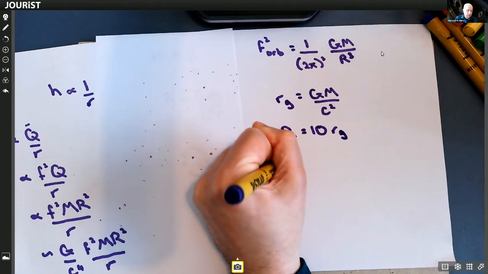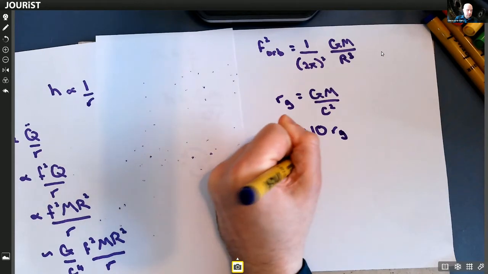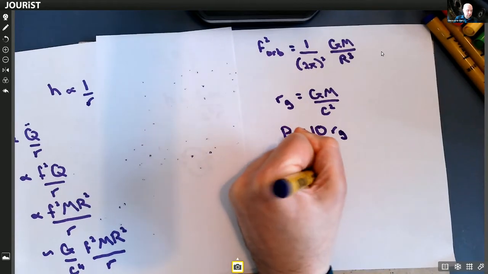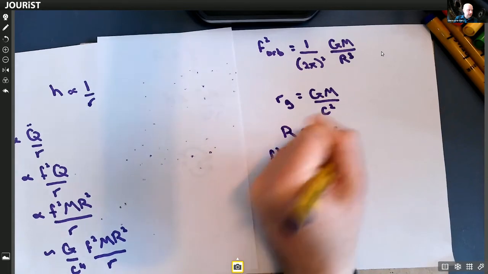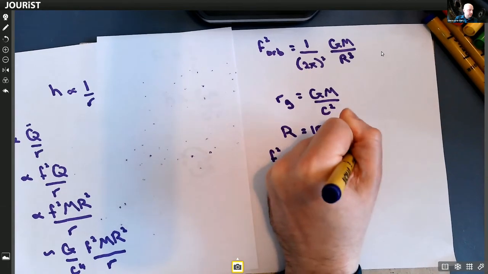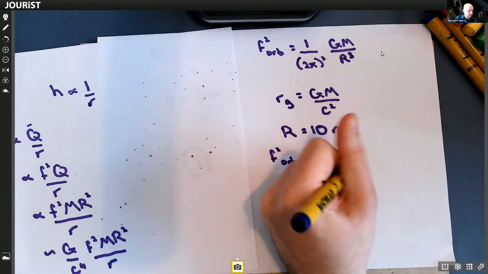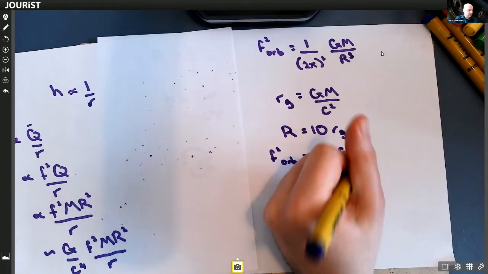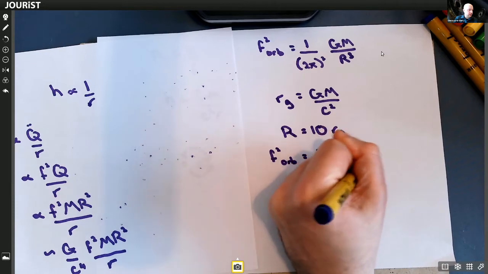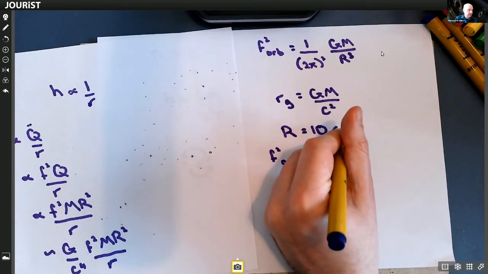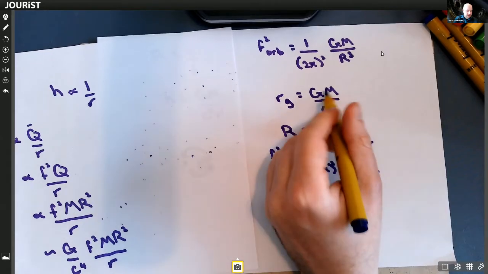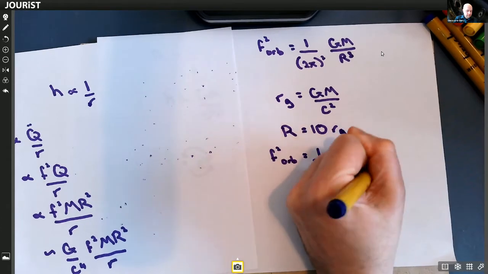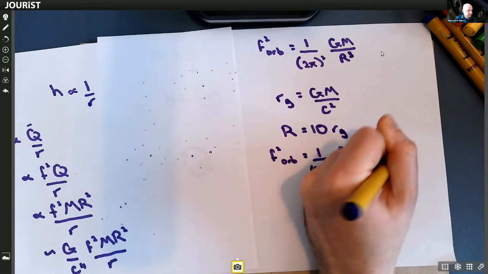Our orbital frequency is 1 over 2 pi, times the square root of GM over R cubed. This is going to be 10 cubed, times c squared over GM, all cubed.